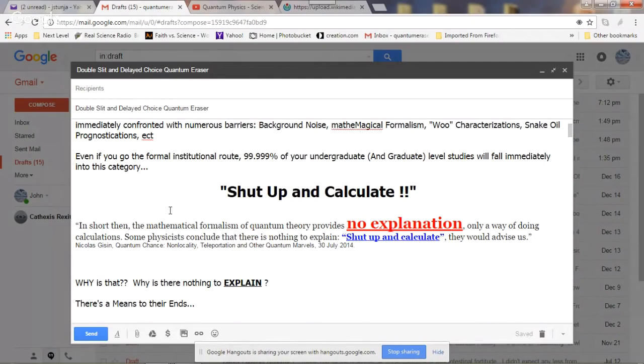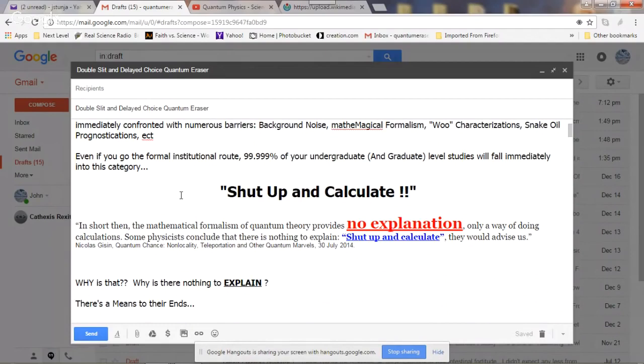Okay. Even if you go the formal institutional route at university, 99.999% of your undergraduate and graduate level studies will fall immediately into this core category: shut up and calculate. We've heard this term before. I think Richard Feynman was the first one to coin the phrase.